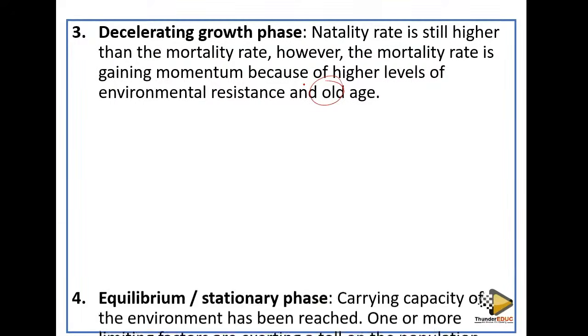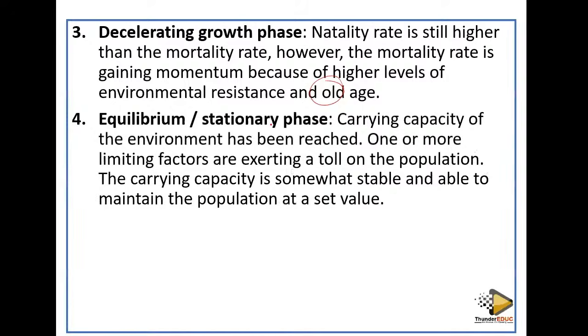So in the equilibrium, or stationary phase, the carrying capacity of the environment has been reached. Now they have reached what is called the equilibrium state, meaning that the population is stable. Remember that stable means it goes up and down, up and down.